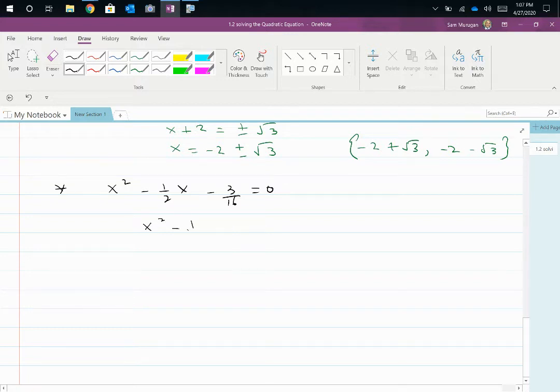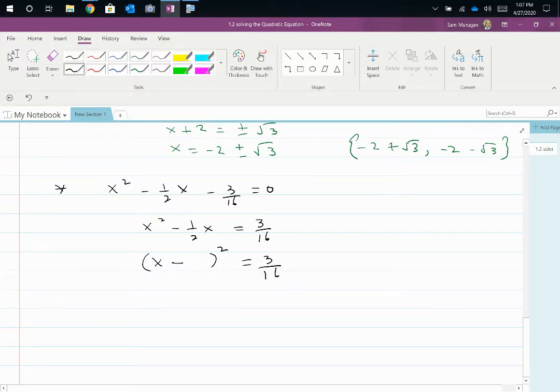So this is x squared minus half x is equal to positive 3 over 16. And we open our parenthesis. X, bring down the negative sign, squared, 3 over 16.